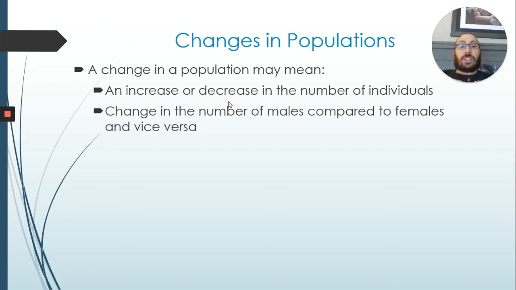Okay, so a change in the number of males compared to females, or vice versa, obviously would have an effect. Okay, imagine what would happen if we had a whole bunch of females and only 1 or 2 males. The 1 or 2 males would be the main animals in breeding, but then we would lose genetic diversity.